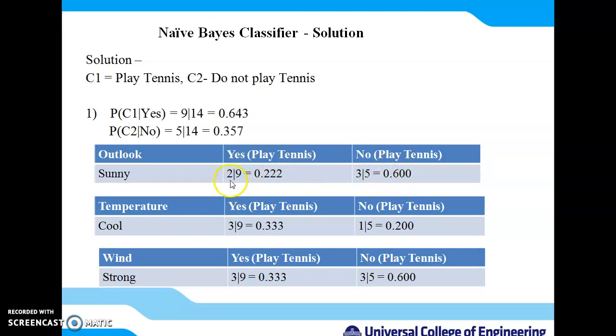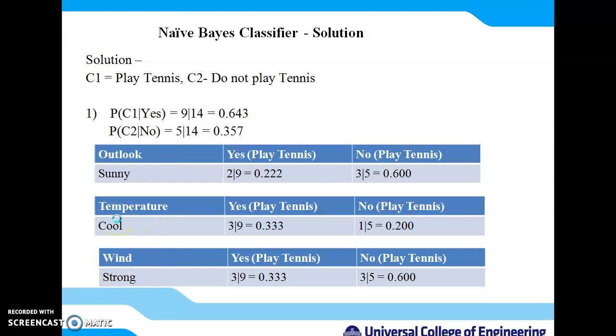How did we compute this? First of all, we saw how many total tuples there are for the attribute sunny. We got a total of 5 tuples, out of which 2 belong to the class yes and 3 belong to the class no, and we computed the probability. You have to follow the same procedure for the remaining attributes, cool and strong.